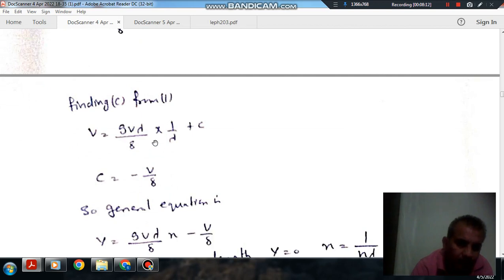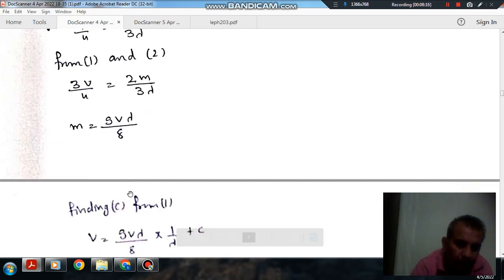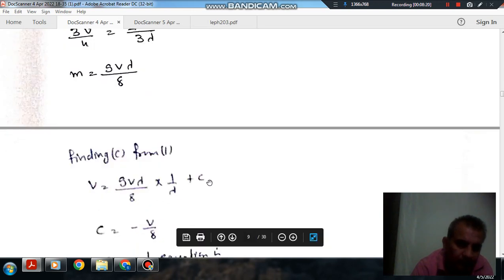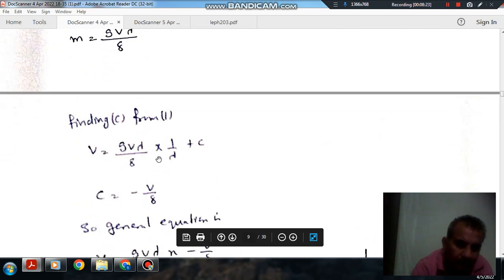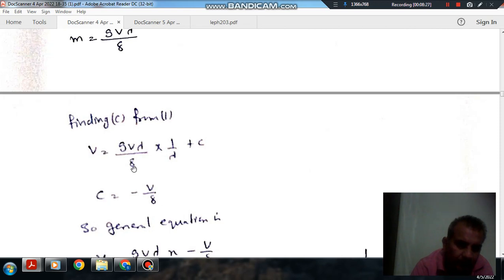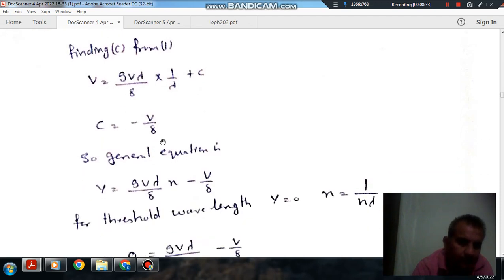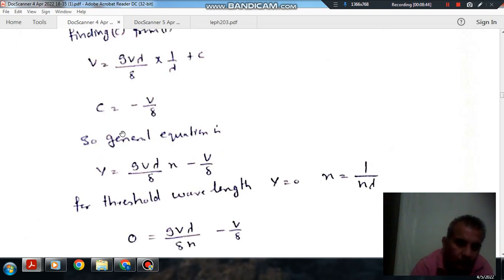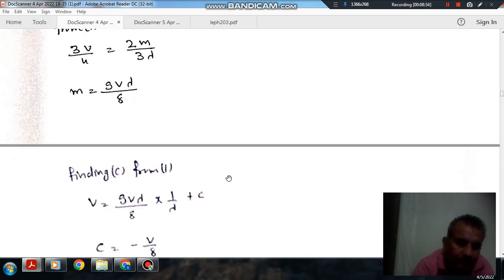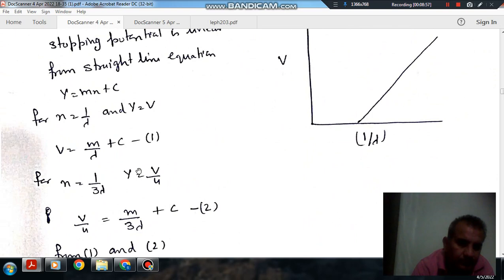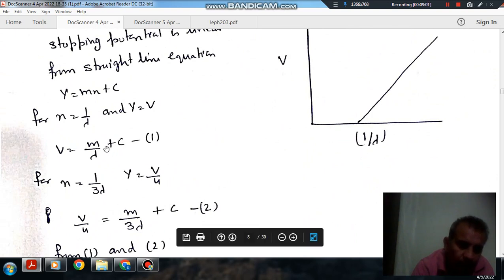So V will be 9V lambda by 8 into 1 by lambda plus c, and lambda will cancel out, so it will be 9V by 8 plus c equal to V, so c is V minus 9 by 8 V, which is minus V by 8. So c is minus V by 8, and the general equation is y equal to 9V lambda by 8 x minus V by 8. Now we have put in the values of m and c.